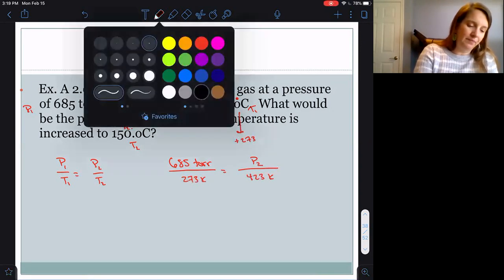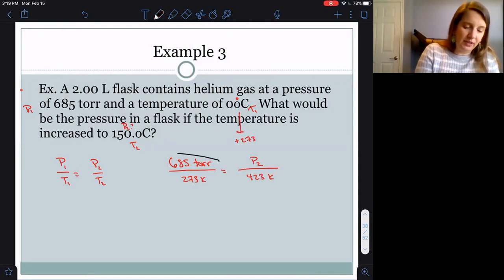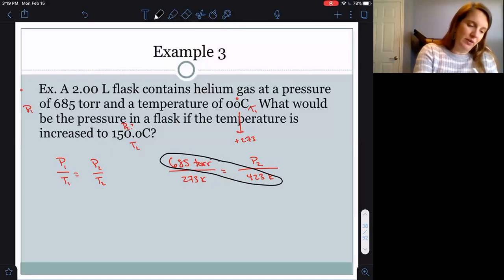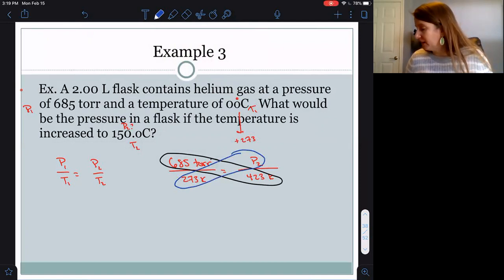So remember, I'm going to multiply the diagonal that doesn't have the variable first, so 685 times 423, and then I'm going to be dividing by the diagonal where we do have our variable, so I'll be dividing by 273.